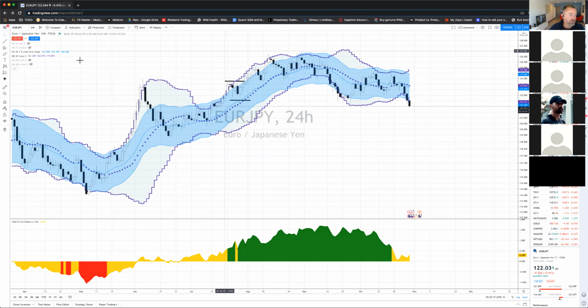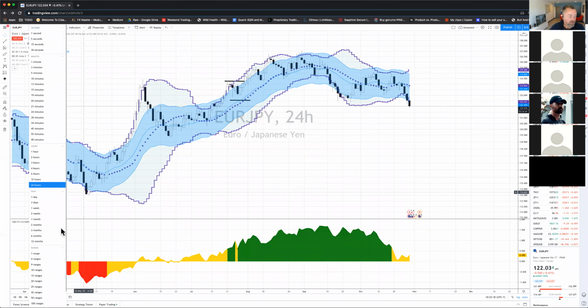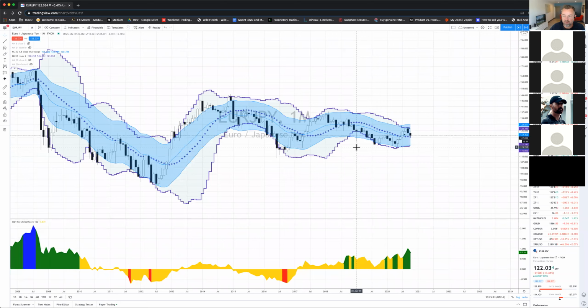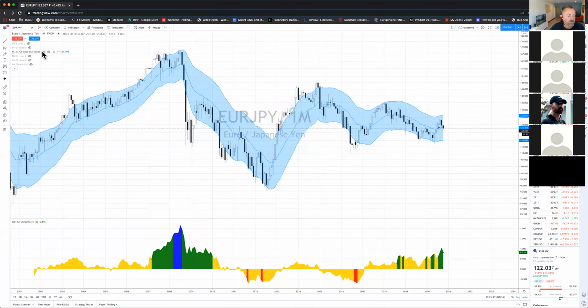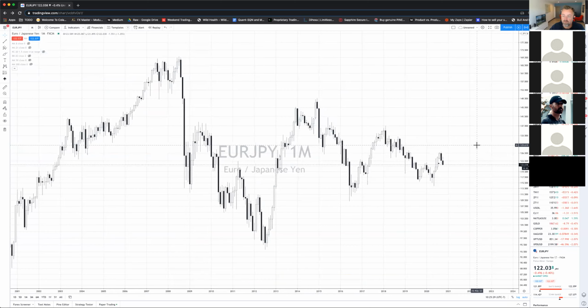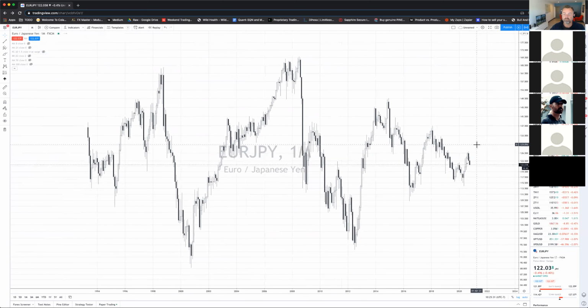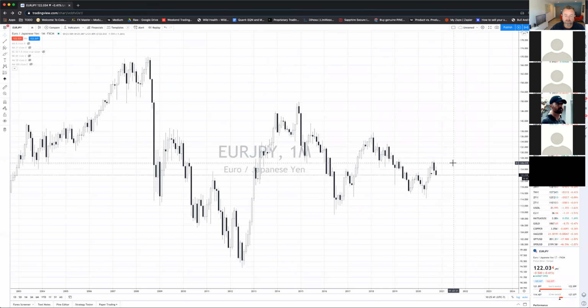Let me start at the higher time frame so that we can get a good understanding of where we are. I don't really have a lot to say other than it's just like the euro itself, just a little bit more aggressive.